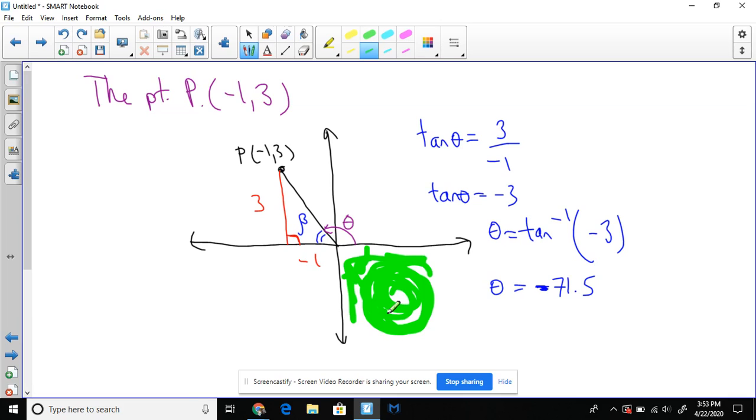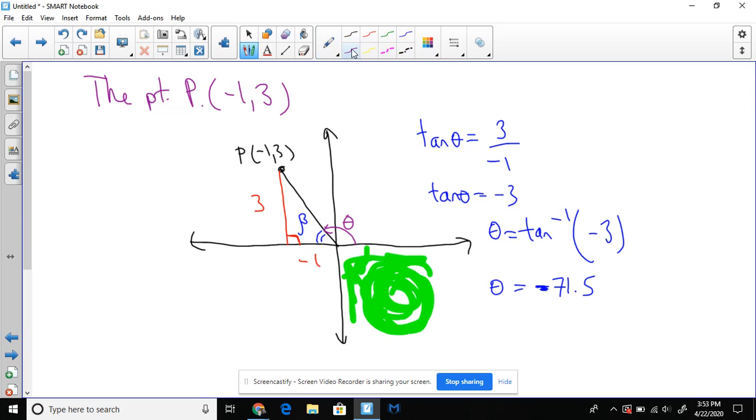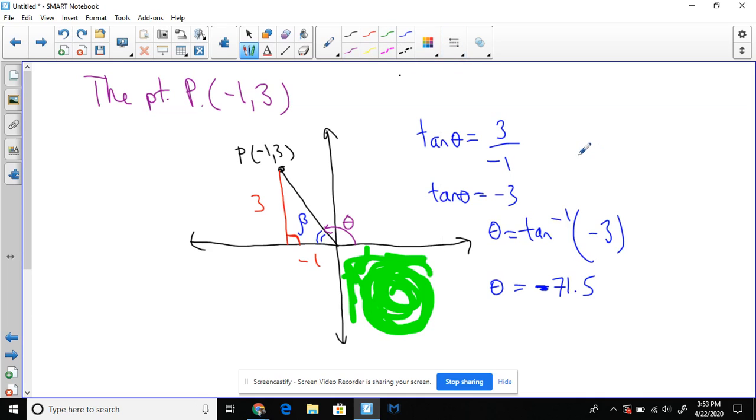But if you notice, my tan ratio here is negative, right? Let me write that down so that it sticks in our brains. Right here, tangent is negative.